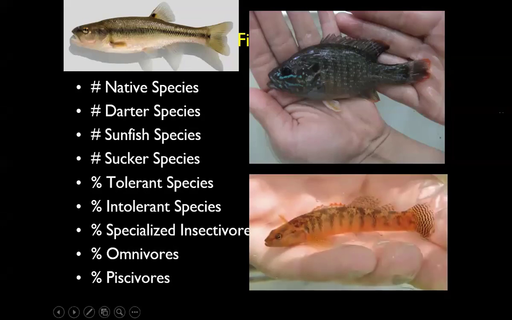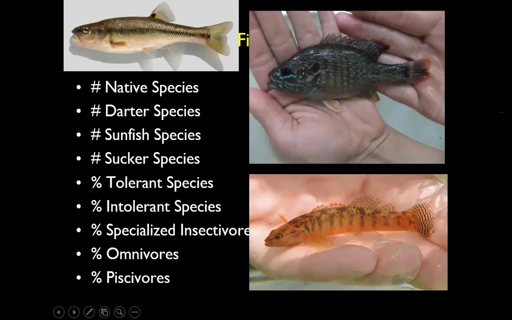What about this fish? Scanning for answers. What order are we thinking? So look at the dorsals. Spiny, soft, two dorsals.